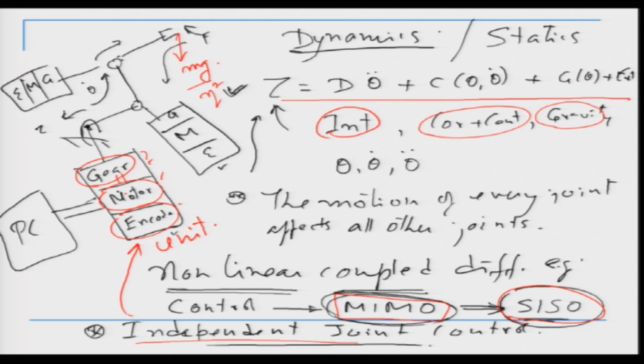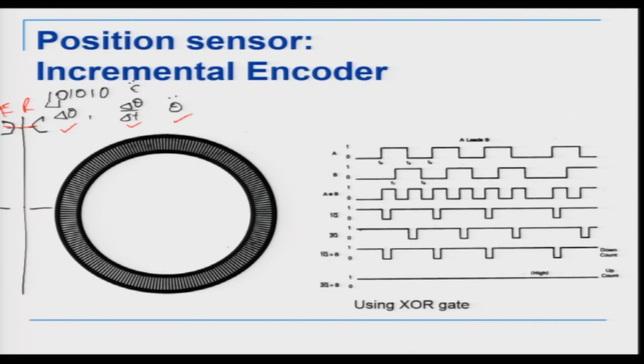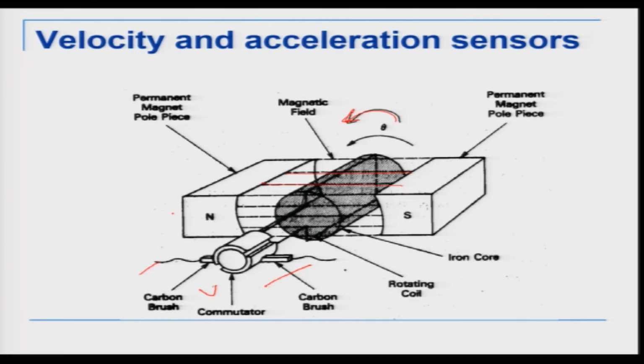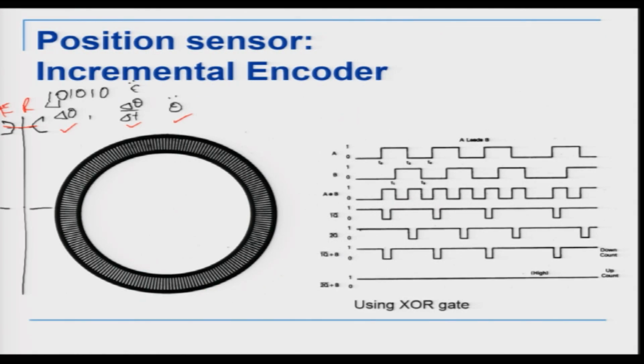Now a couple of other points we need to remember before we move on to today's topic, that is robot specifications. The first thing is that when we looked at the encoder, here we have a gear, there is a DC motor, and there is an encoder at the back. Now if you look at an encoder, the way it works is, if I enlarge this a little bit, there are slots like this.